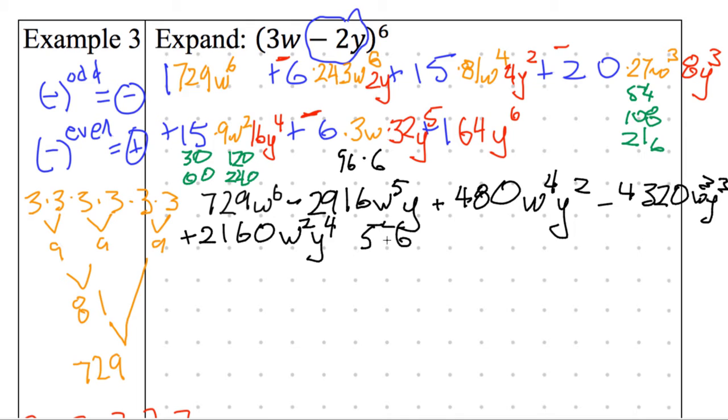So 576. I have w y to the power of 5, and that's being subtracted. And then finally, plus 64 y to the power of 6.